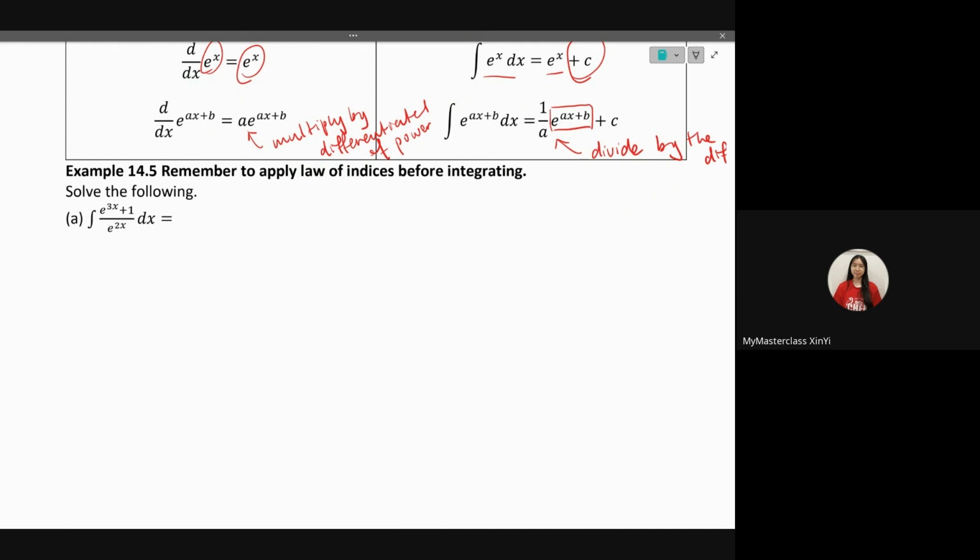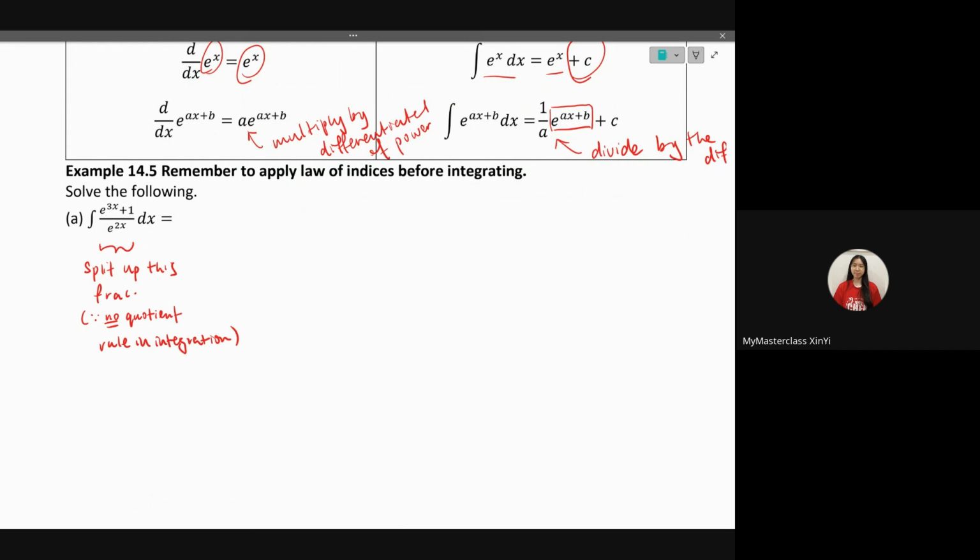The best way to do this when I have a quotient like this is to split it up into each of the individual terms, because there is no way I can do the quotient rule for integration. So I have to split this up into each of the individual terms and then integrate them term by term.